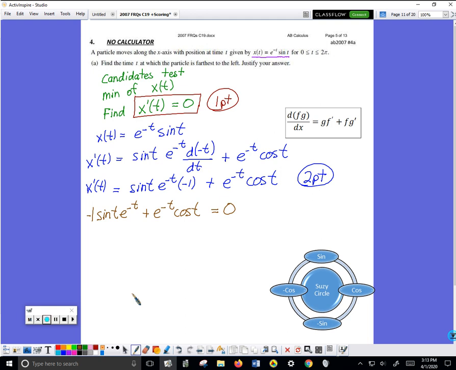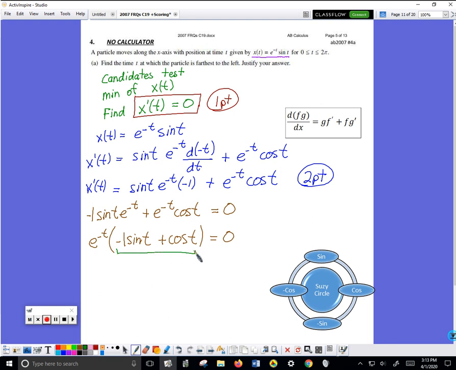So next best way is factoring. So I can factor out an e to the negative t. That will leave negative 1 multiplied by sine plus cosine. This is a very common occurrence on the AP test, to get this little expression.